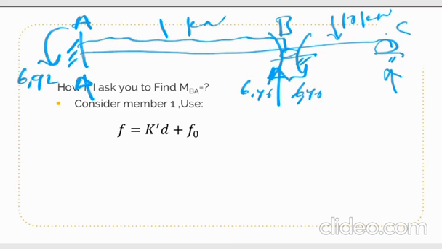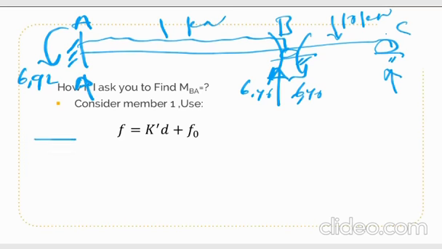So for the support reactions, let the summation of moments equal 0. Reaction C, let me call it Cy, times 3.